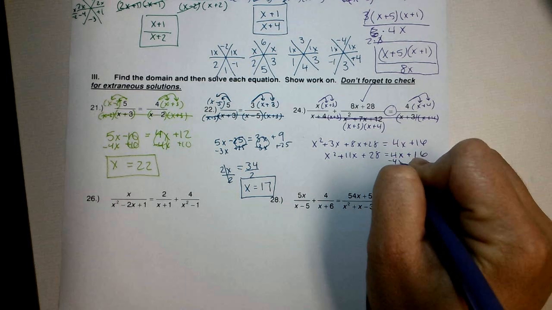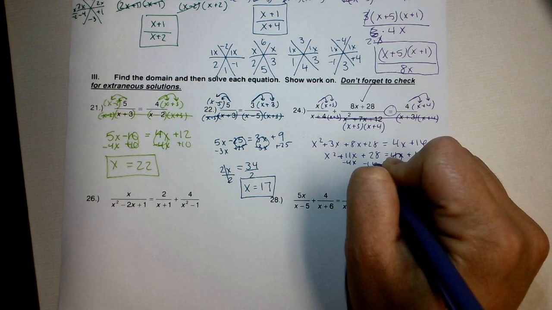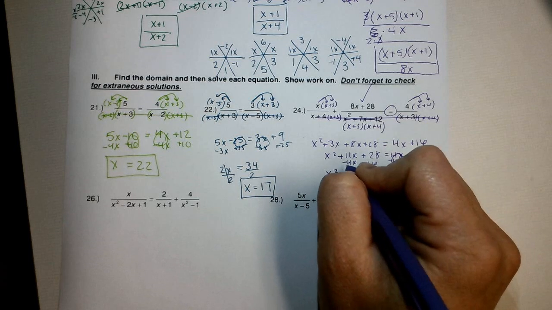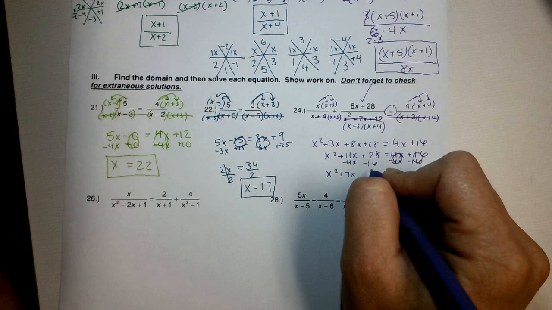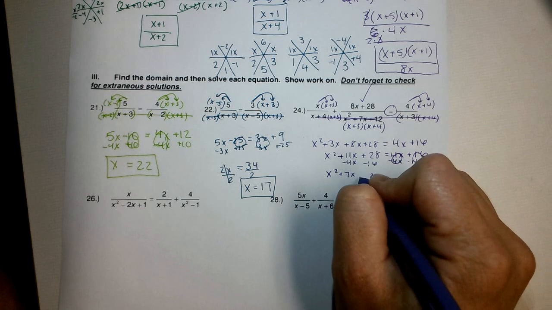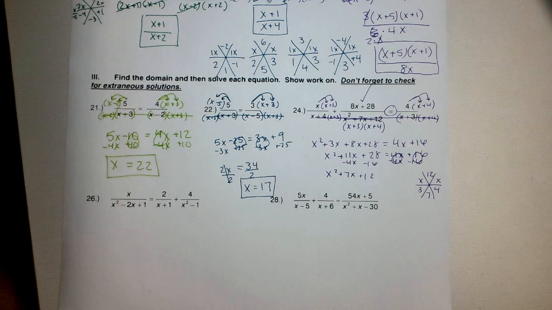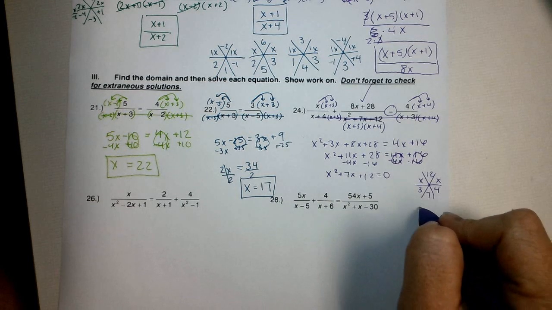So minus 4x on both sides, minus 16 on both sides, and I get x squared plus 7x plus 12 equals 0, and now we'll do factoring again.